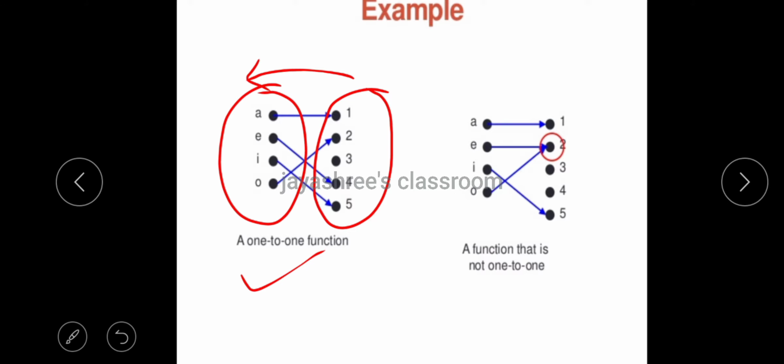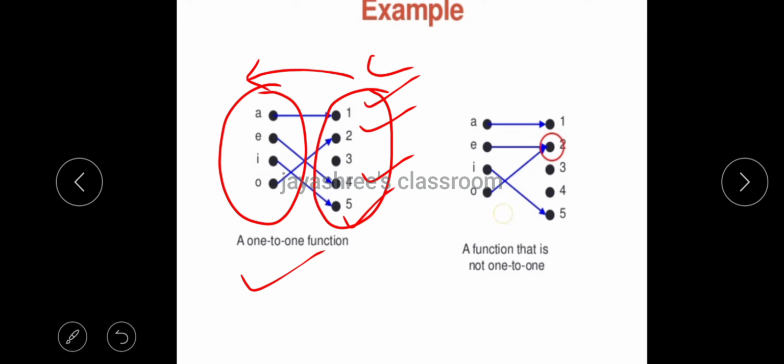Here, A is connected to 1, E is connected to 4, I is connected to 5, and O is connected to 2. So different members A, E, I, O in the domain are connected to different elements in the codomain. That is why this mapping, this function, is a one-to-one function.